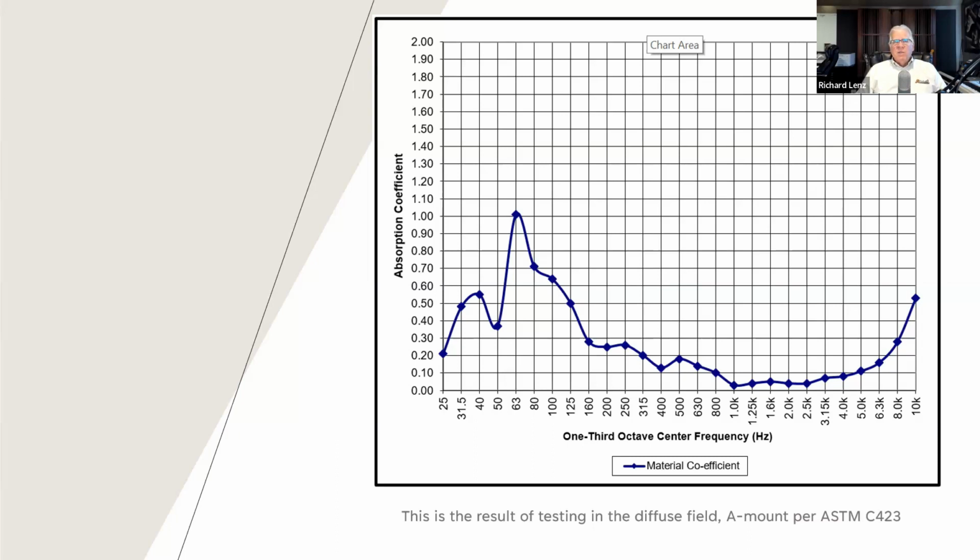The other thing is you come up with this interesting 40 hertz at about a 0.55, which technically shouldn't be there. Whether that was caused by the edge effect or by the mounting, or who knows what, it's really hard to say. It could be the coupling effect of all of them together as well. But that shouldn't be there.